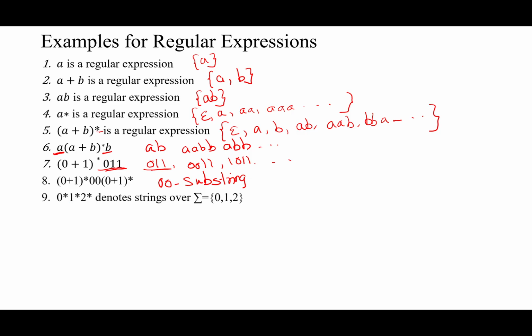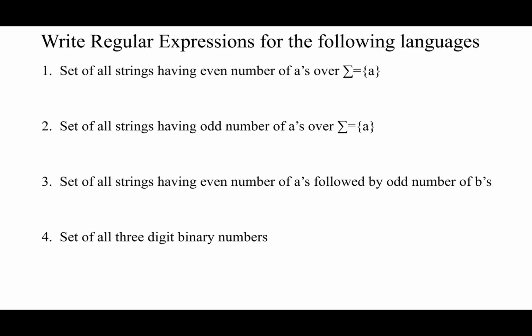So first it should contain only 0s, then 1s, then 2s. For example 012, or 001122, or 011222. The meaning is it should have any number of 0s followed by any number of 1s followed by any number of 2s. Then we will see some more examples.